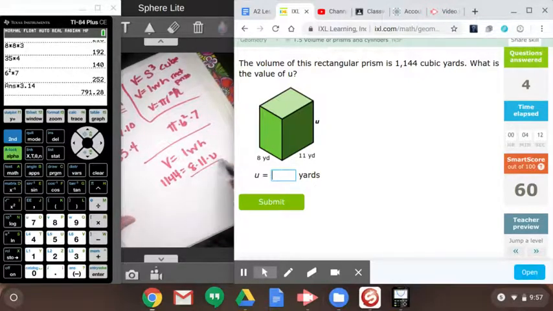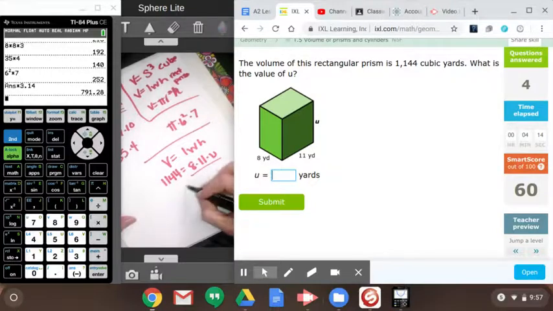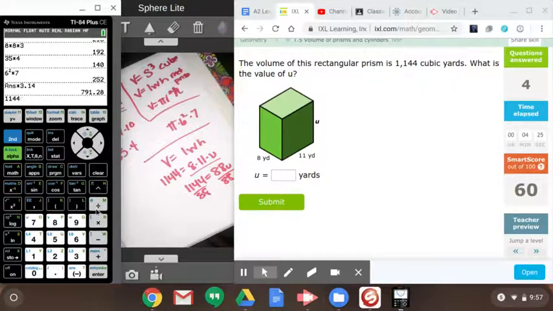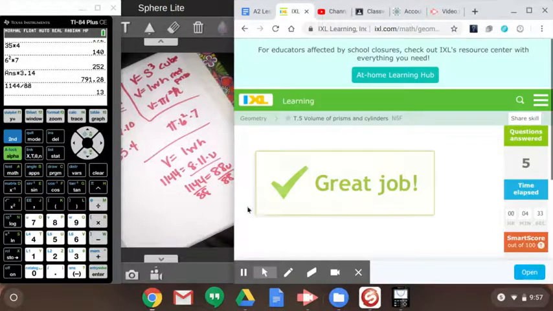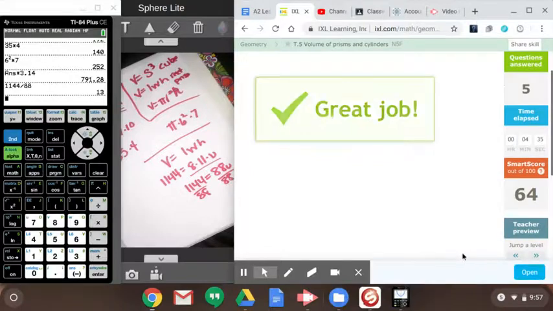If you simplify things, that's going to be 88. So then we're going to divide by 88, and that's going to tell us our missing dimension. So we're going to do 1144 divided by 88, and that makes u 13. And there we are. Great job.